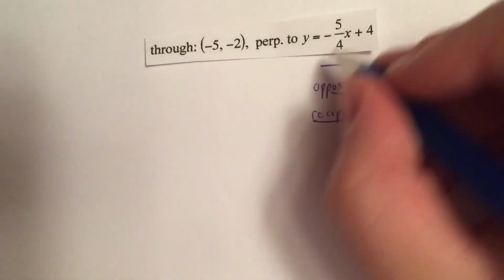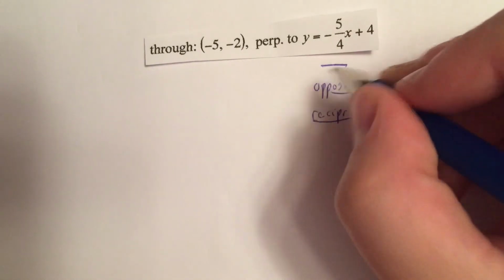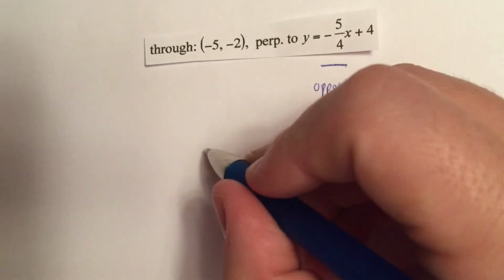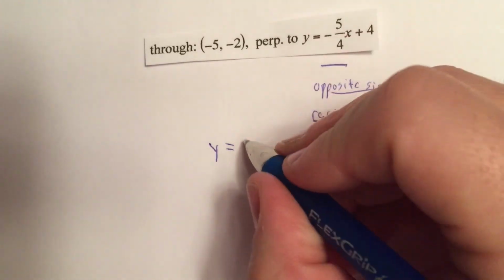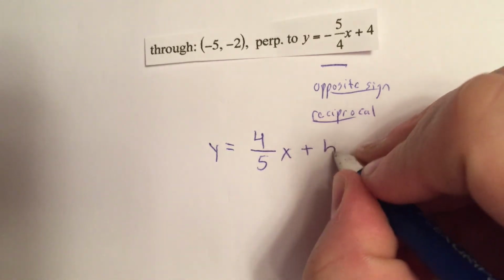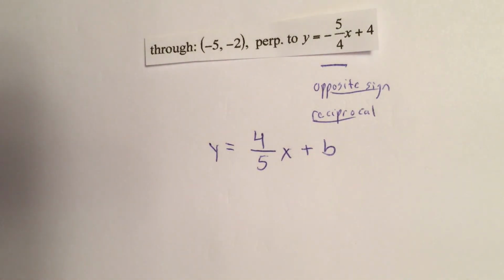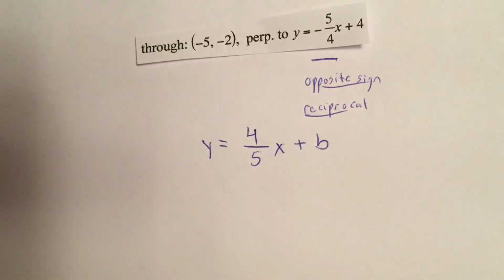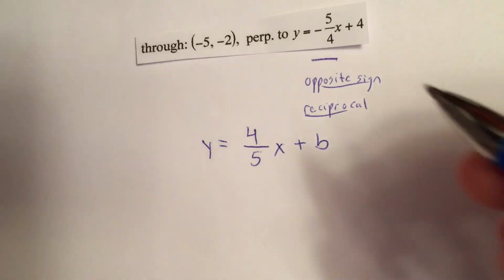So that means our slope is actually not negative but positive. That's the opposite sign. And we would do the reciprocal, which is 4/5x plus b. So we know our slope just by knowing what it means for two lines to be perpendicular. We're going to use that to find the y-intercept.